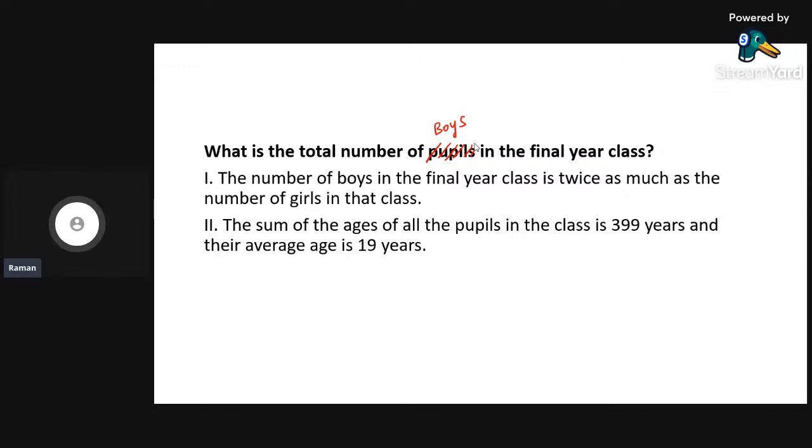Very good, Pratmesh. Both are needed, because in the first statement you got boys is equal to two times the number of girls. In the second statement, the total is given. Can you combine these two, you can solve it.